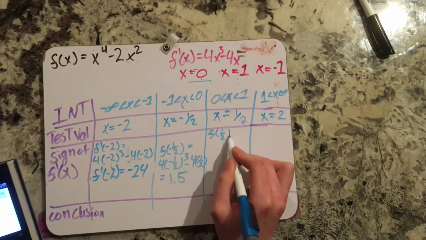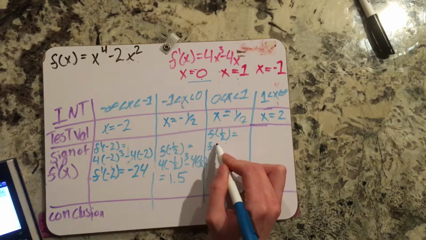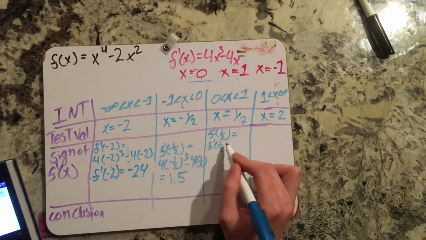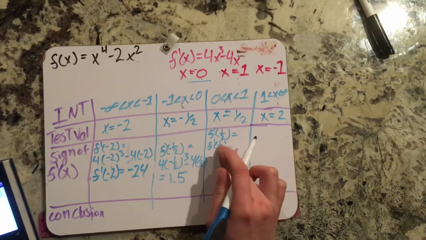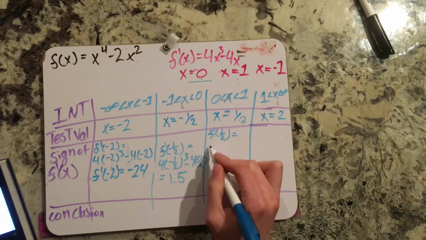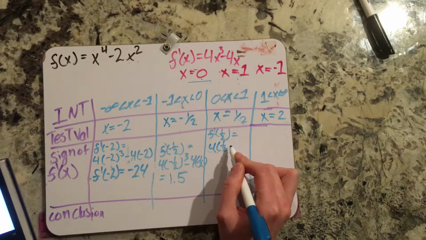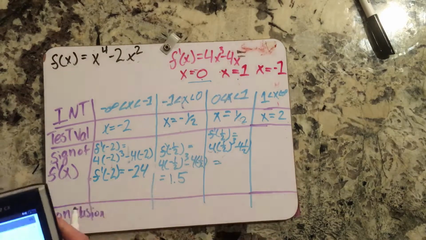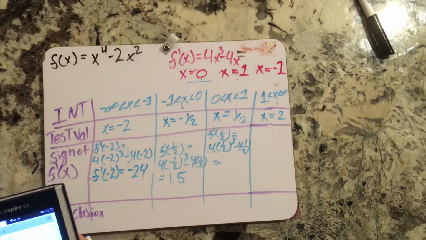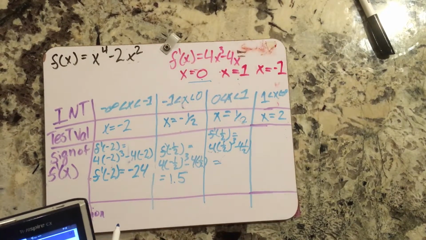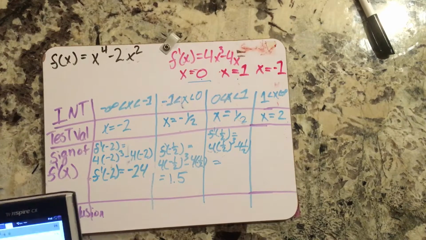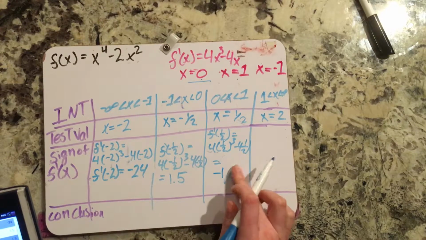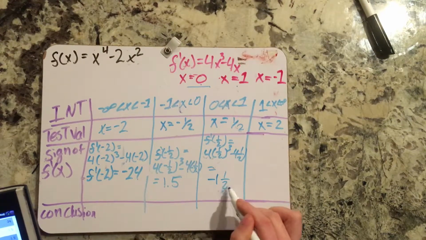So f prime of 1/2 is 4 times 1/2 cubed minus 4 times 1/2, which is equal to negative 1/2. Write this like that. It doesn't matter how you write it.